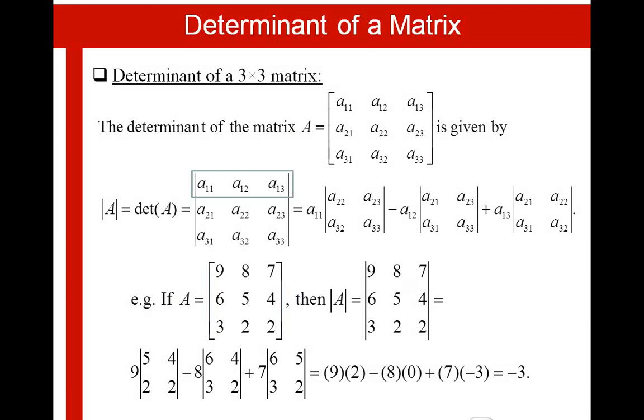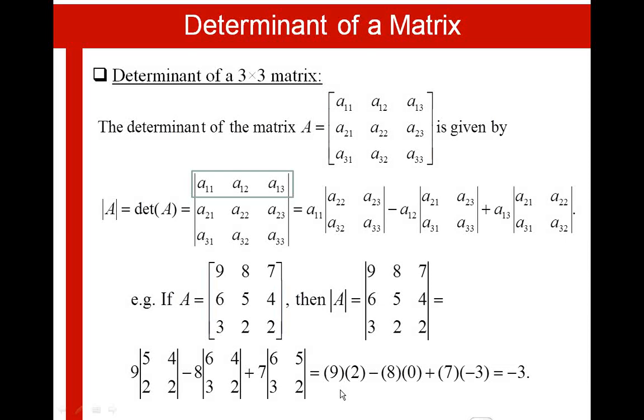If A is equal to 9, 8, 7, 6, 5, 4, 3, 2, 2, which is a 3 by 3 matrix, then the determinant of A is equal to 9 times the minor, which is 5, 4, 2, 2, minus 8 times the minor obtained by eliminating the second column and the first row, which becomes 6, 4, 3, 2, plus 7 times the last minor, obtained by eliminating the first row and the third column, the determinant of 6, 5, 3, 2.